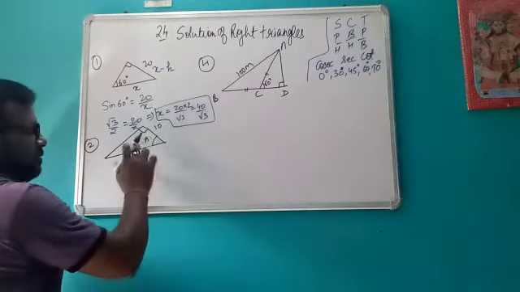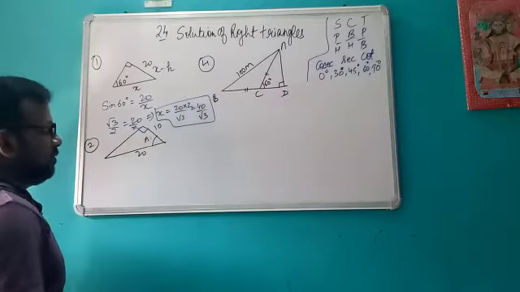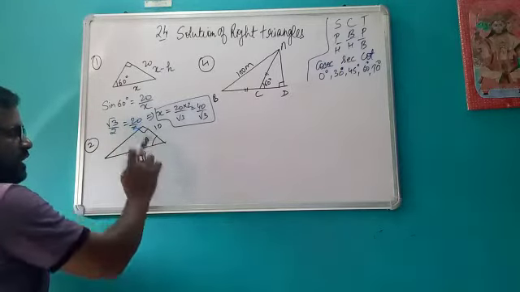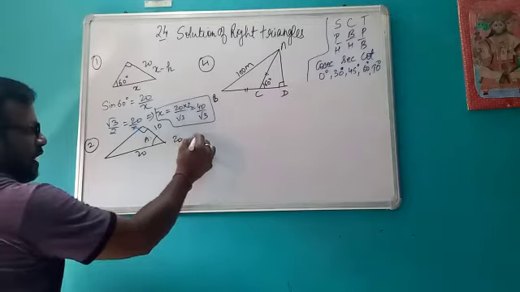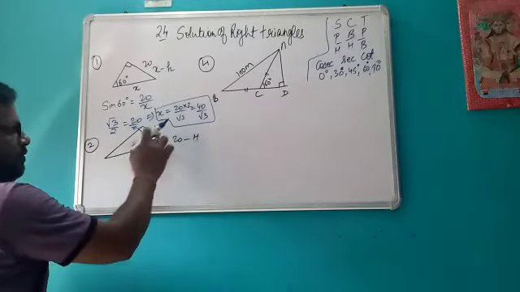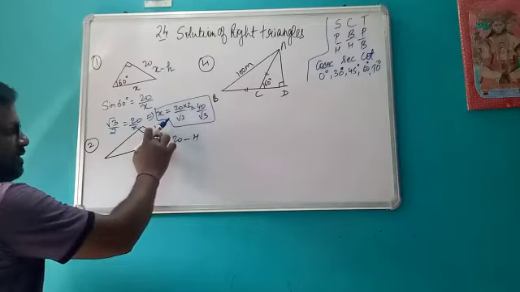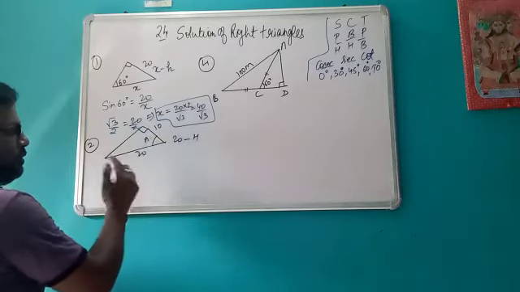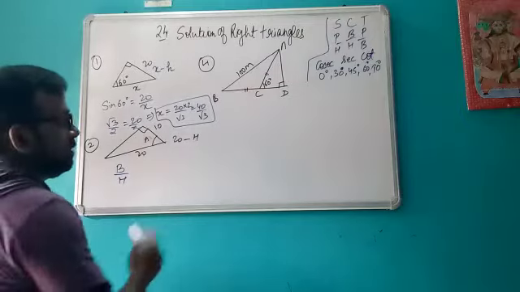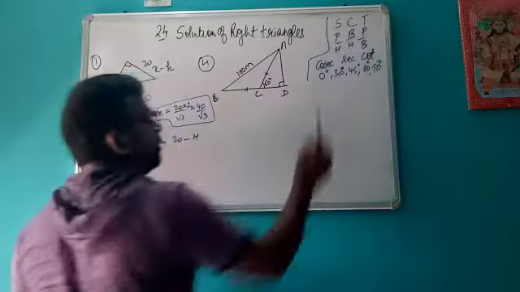Okay, one more, a different type of question. So this is A. Now this is 90 degree, that means 20 is our hypotenuse. And for this A, if you see very carefully, this is the base, and this is the hypotenuse. So base upon hypotenuse was cos.